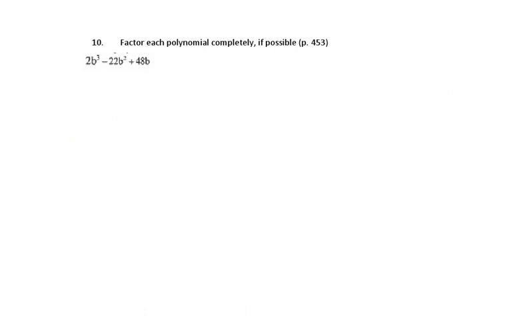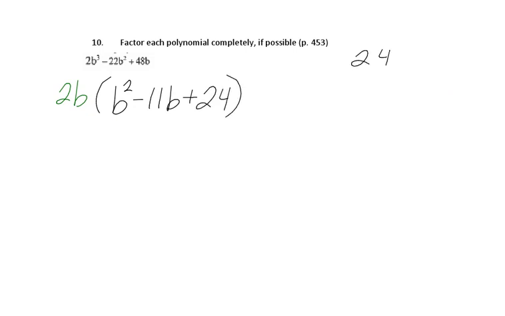Question 10. Factoring if possible. I could factor out 2b. And if you do, you're left with b^2 minus 11b plus 24. If we look at numbers that multiply to 24, there's 12 and 2, there's 8 and 3, and there's 6 and 4.